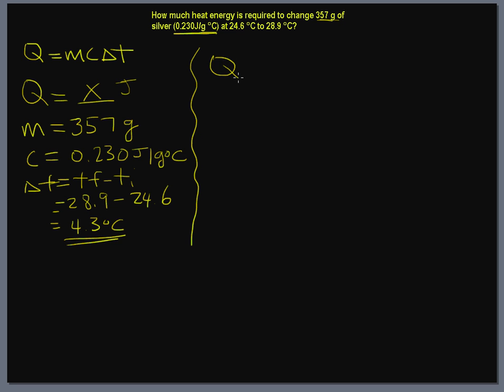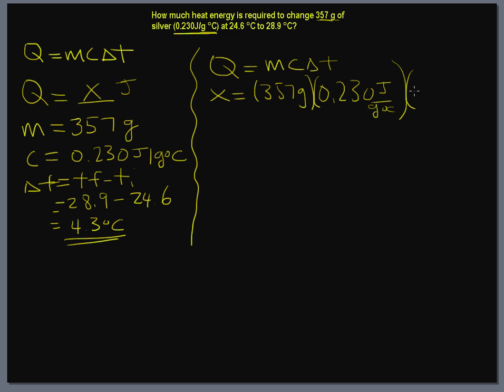Then we go back and rewrite the formula and we plug in our values. So 357 grams, silver is 0.230 joules per gram degrees Celsius, and our delta T is 4.3 degrees Celsius.